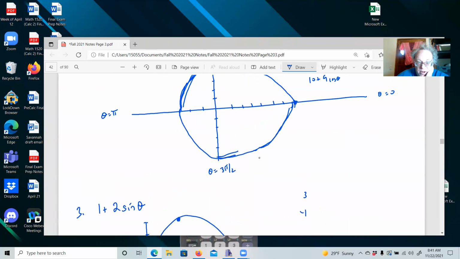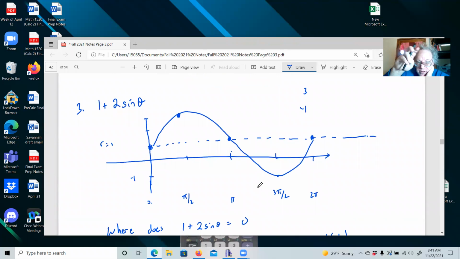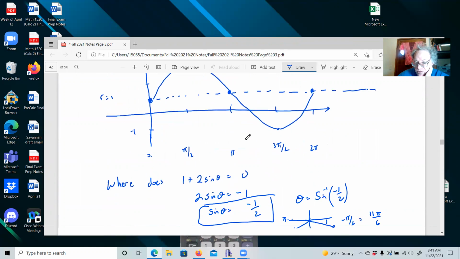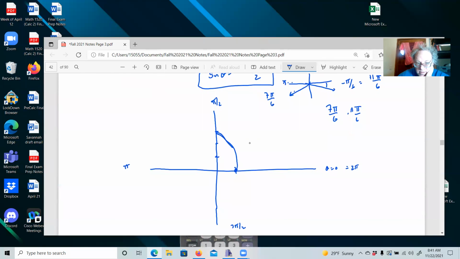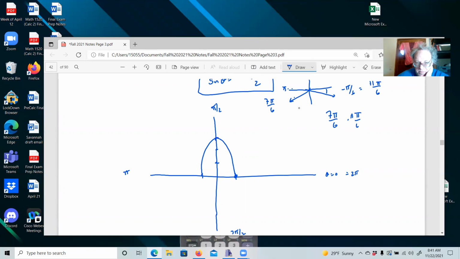Now we're going to go from pi over 2 down to pi, and that value is going to return to 1. That's a little bit better.